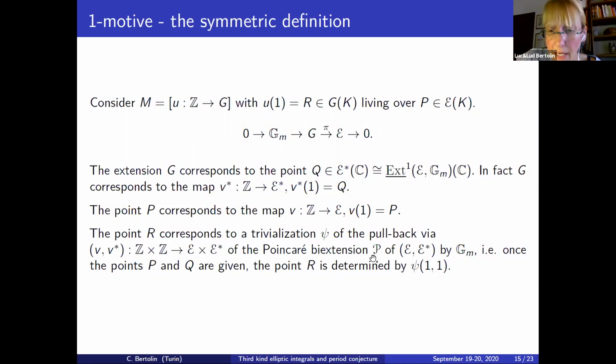This is due to the fact that if you restrict the Poincaré extension above E cross E star to P and Q, this is exactly G. And then if you want to fix a point above P, you just need a point in the fiber of the Poincaré extension above (P, Q).